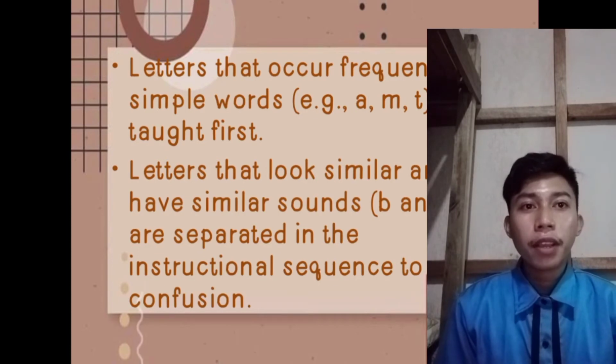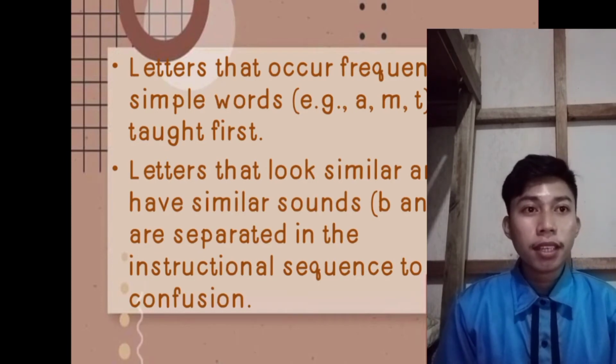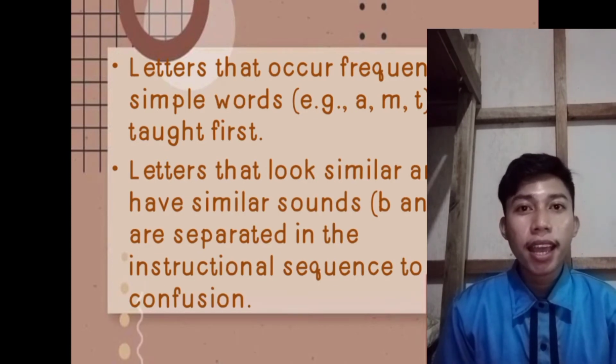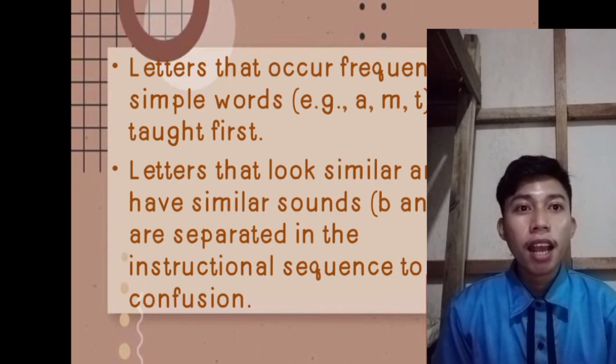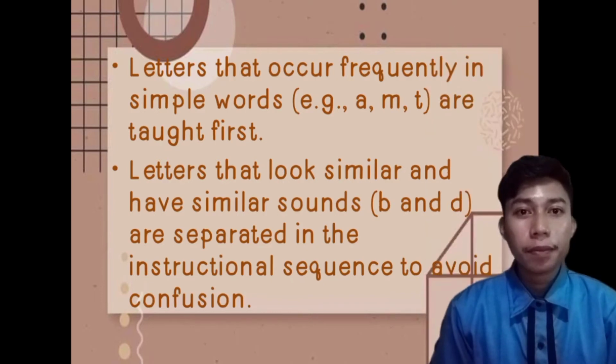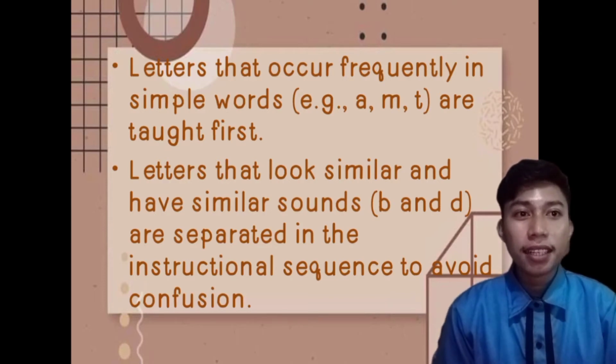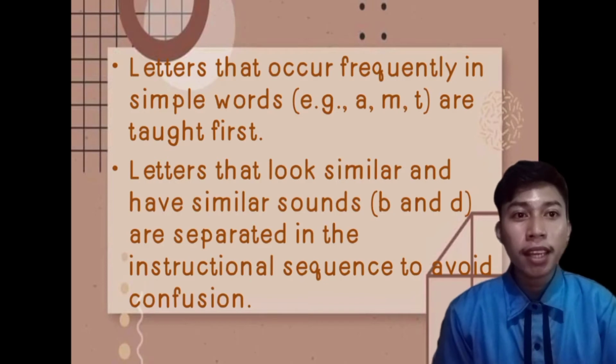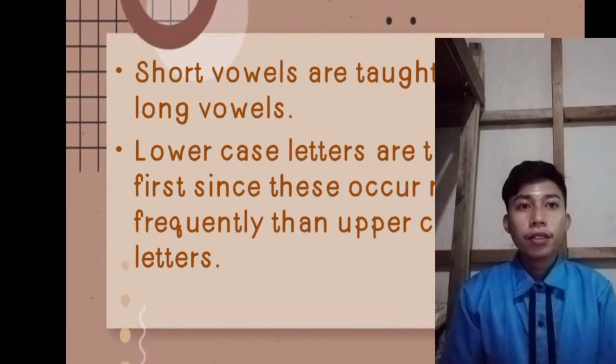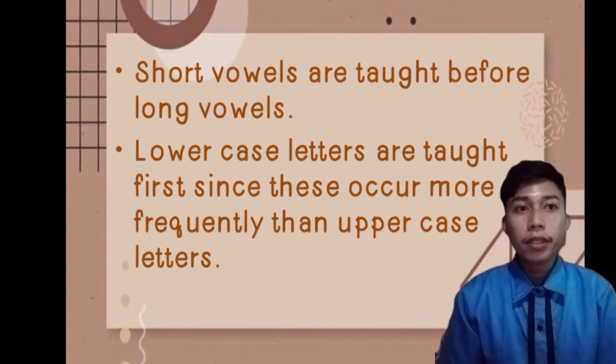Letters that occur frequently in simple words, for example A, M, and T, are taught first. Letters that look similar and have similar sounds, like B and D, are separated in the instructional sequence to avoid confusion. Short vowels are taught before long vowels.